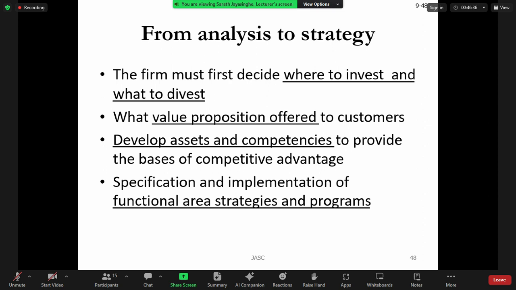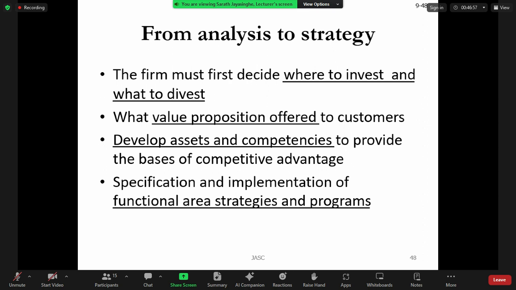You know the competitors, your weaknesses, your competencies, your strengths, right? You can identify the opportunities, everything is there. Now you have to approach where we are investing and what type of products we are divesting.